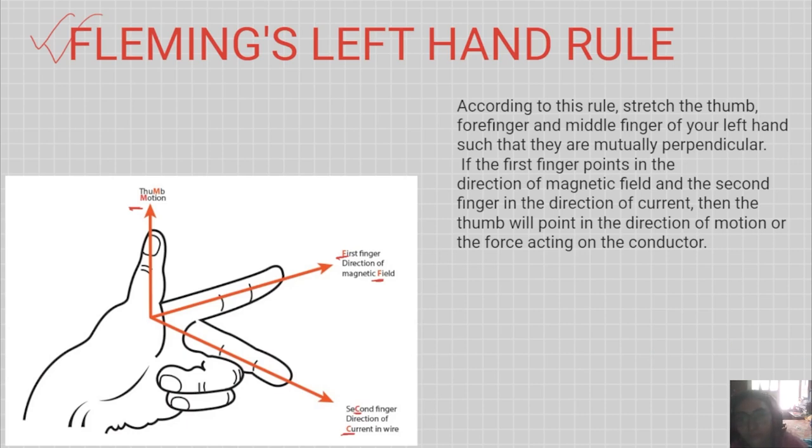Okay. So this is Fleming's left hand rule, and this is how we calculate the force acting on anything kept in a magnetic field where current is being produced by a current carrying conductor.